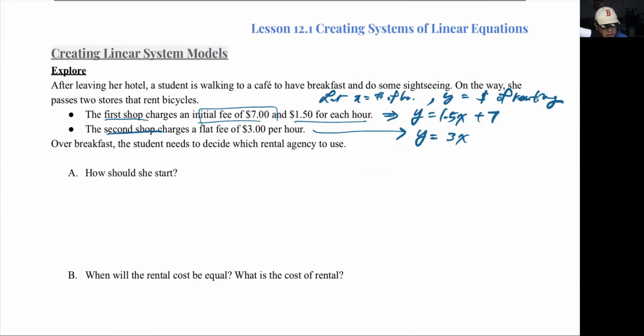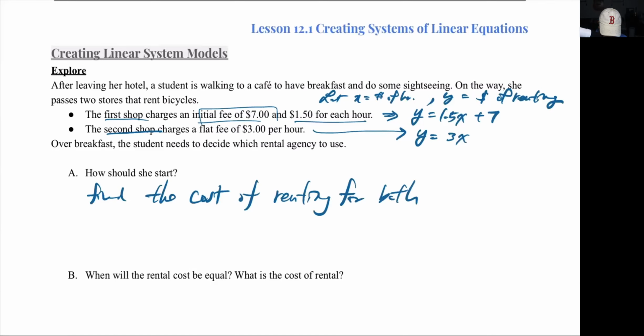The first thing we should do is find the equation for the cost of renting. So write down: find the cost of renting for both stores.